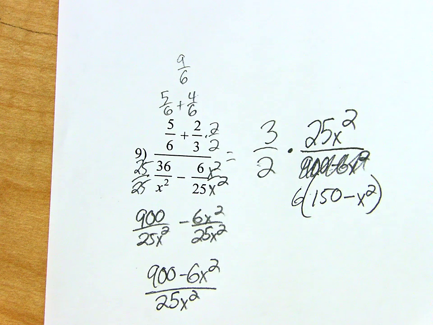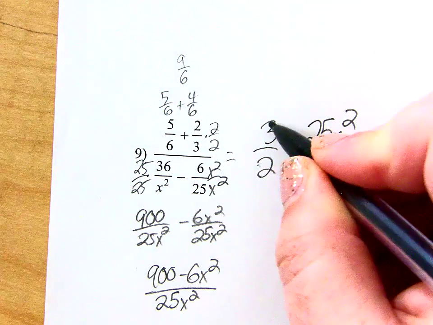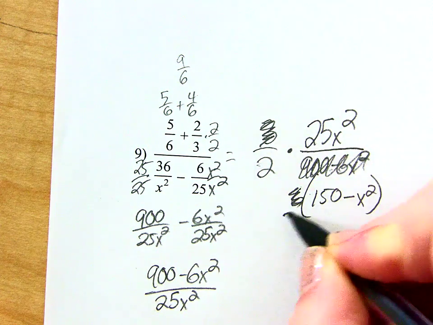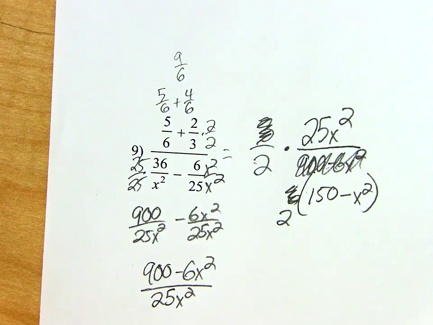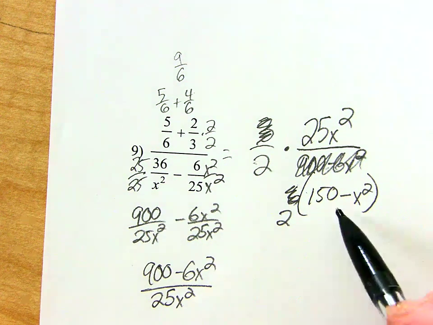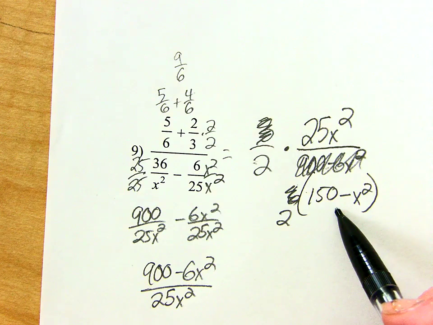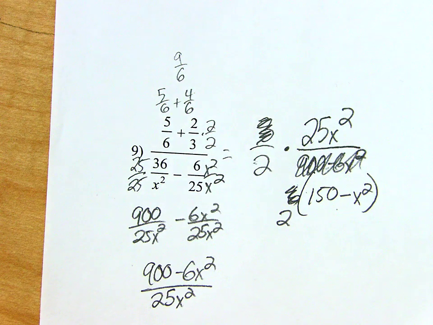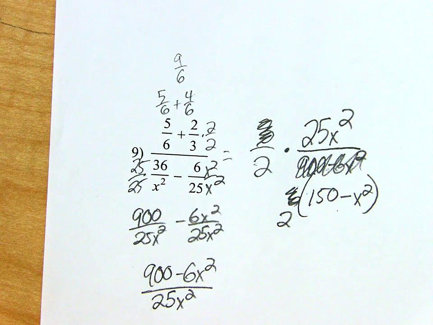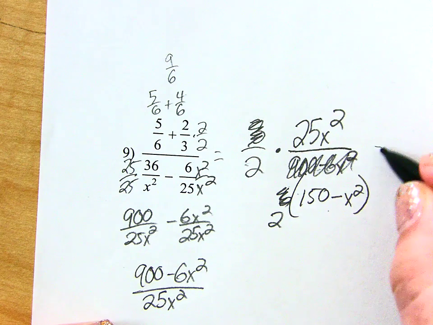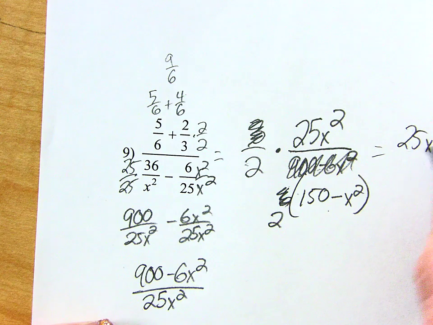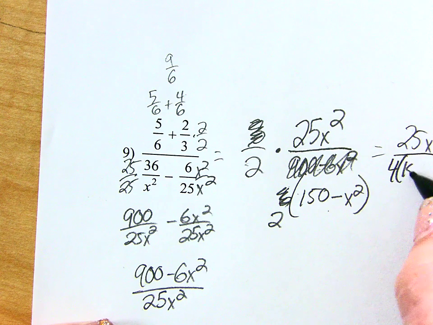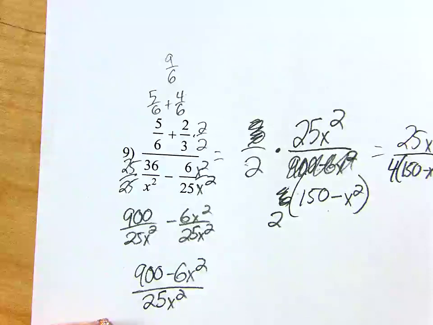Can I do anything? Yes, 3 and 6 can be simplified now. Anything else? Well, if that were the difference of two perfect squares, I could, which is why I was thinking I'd take out a negative 6, but it wouldn't matter anyway. 150 is not a perfect square, so I'm kind of stuck. So, can I go any further? No. So, I'm going to have 25x squared as my numerator, and then 4 times (150 minus x squared) as my denominator.